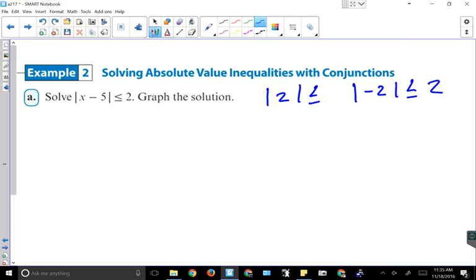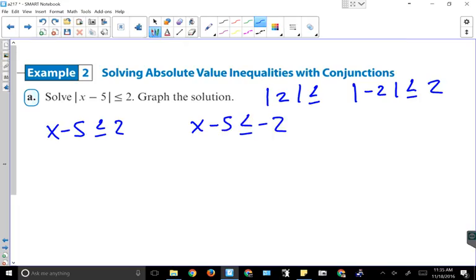Now we have to go through and find the numbers that actually work. We are going to take x minus 5 is less than or equal to 2, and x minus 5 is less than or equal to negative 2. Those are the two possibilities we came up with.